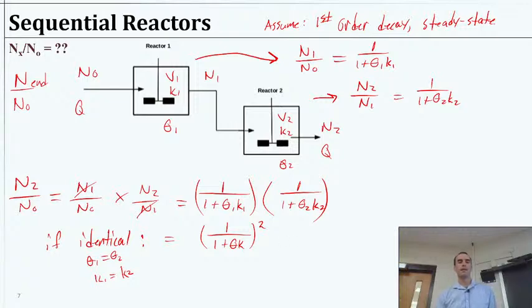So if we were to take this and say, if an infinite number of identical reactors, that actually gets us to the scenario where we have a plug flow reactor.